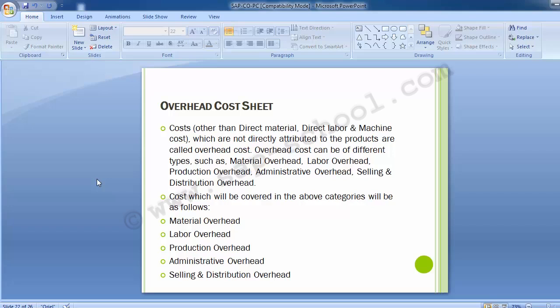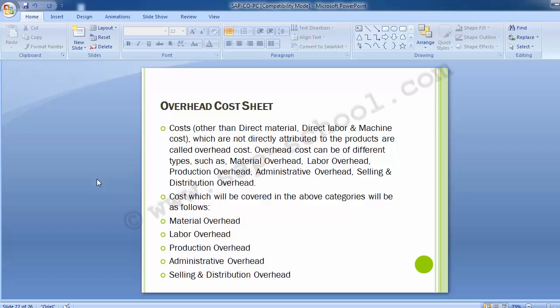Overhead rate determines under what condition and to what extent the percentage based or the quantity based overhead rate should be applied to the direct cost specification in the calculation base.